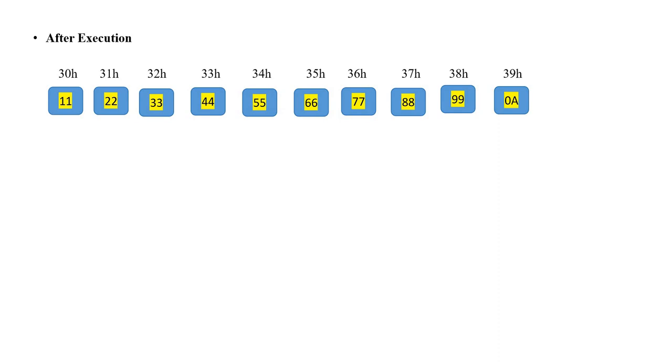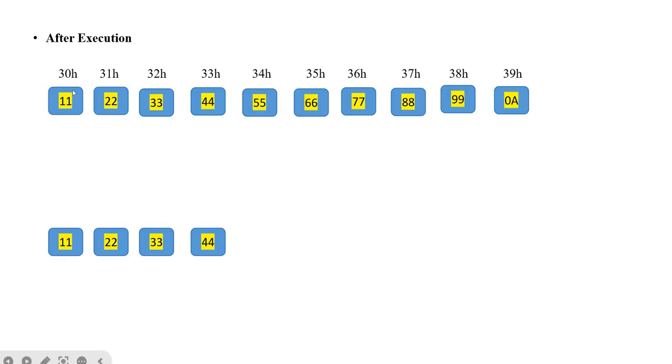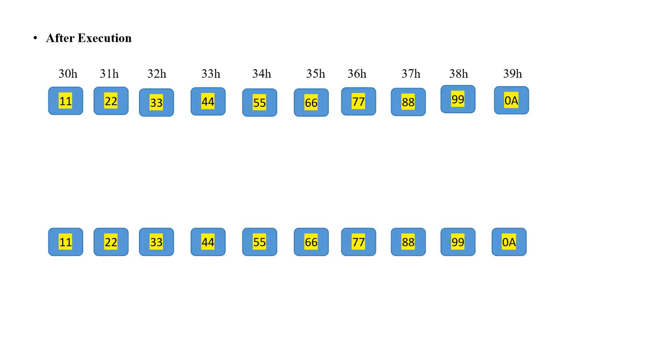Now, what happens after execution? After execution, all the data stored from 30H to 39H will be transferred to the memory locations starting from 40H. So 11H is transferred from 30H to 40H, 22H is transferred from 31H to 41H, 33H is transferred from 32H to 42H.